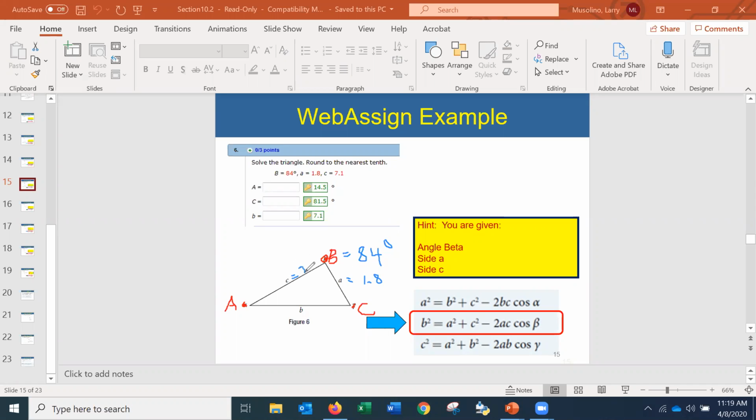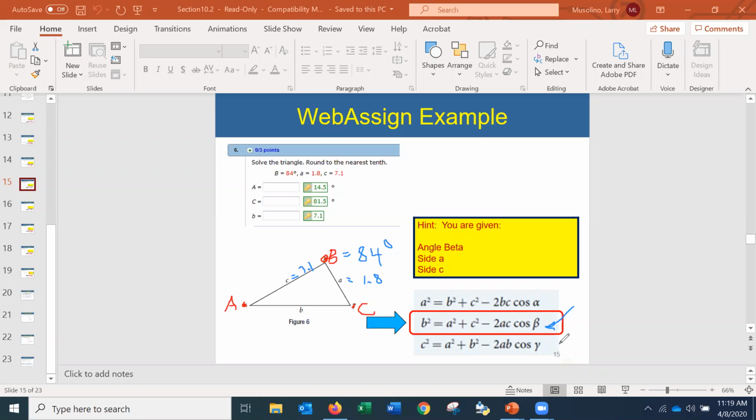All right, let me try to start filling in some of the unknown quantities. Well, how about if I try to find side B? And because I know angle B, I'm going to use this equation that's circled in red.